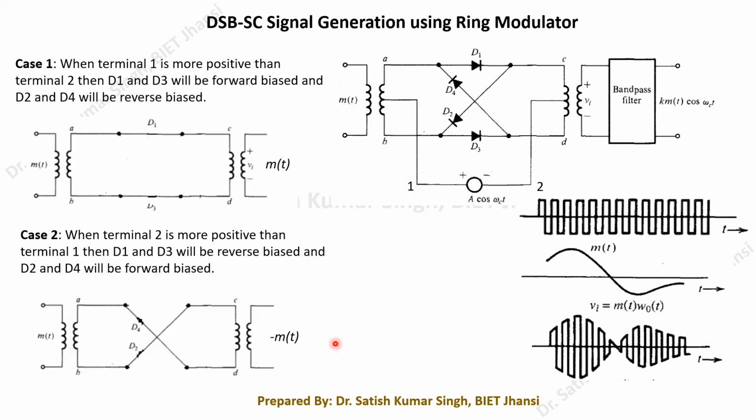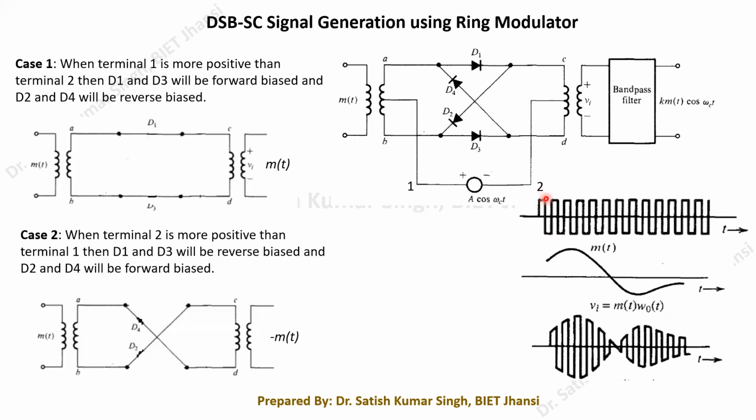After having case 1 and case 2, what we need to understand is this: if we have this square wave and if we have applied, let us say, m(t) of this form, then by seeing these two conditions we can draw the waveform at these two terminals. When it is the positive half cycle, the output would be m(t). Whatever m(t) is, it is going to appear during this particular duration.